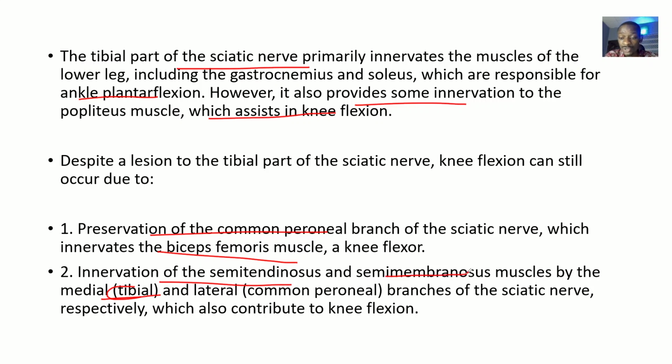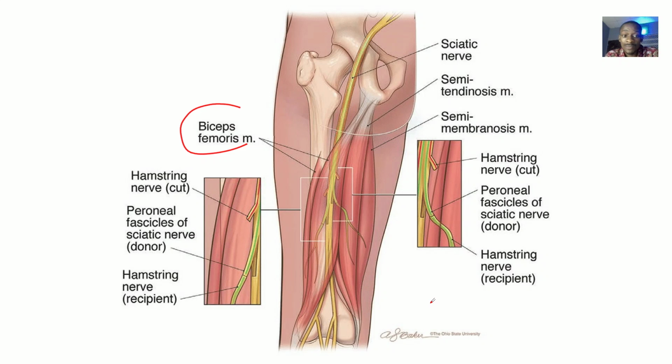But the semimembranosus muscle will still be there because it is supplied by the common peroneal branch of the sciatic nerve. And the common peroneal branch was not affected. This is the common peroneal branch, not affected. So that means the semimembranosus is still there, but the semitendinosus is out because it is still supplied by the tibial branch of the sciatic nerve.